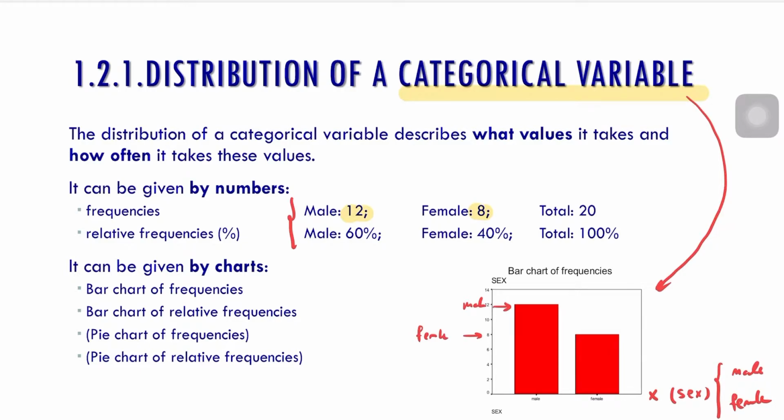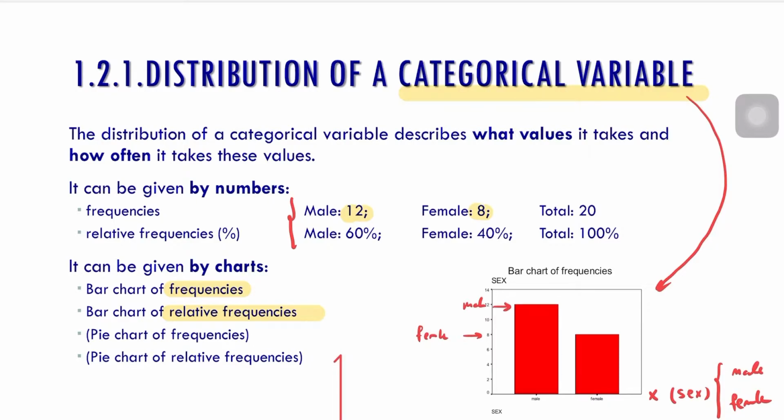And in this chart we can make different types of charts. We can use a bar chart. For example, here we can see a bar chart about frequency and relative frequency. Or we can use another chart, like, for example, I made one of them.